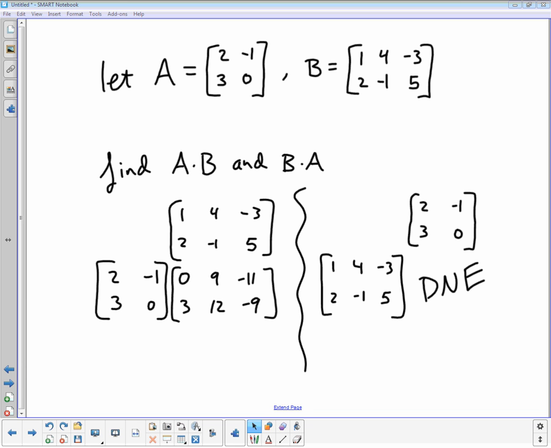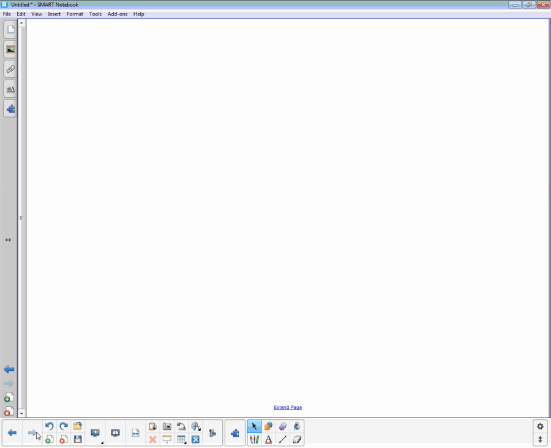All right. So there we have the basics behind matrix multiplication. There are some interesting applications to this.